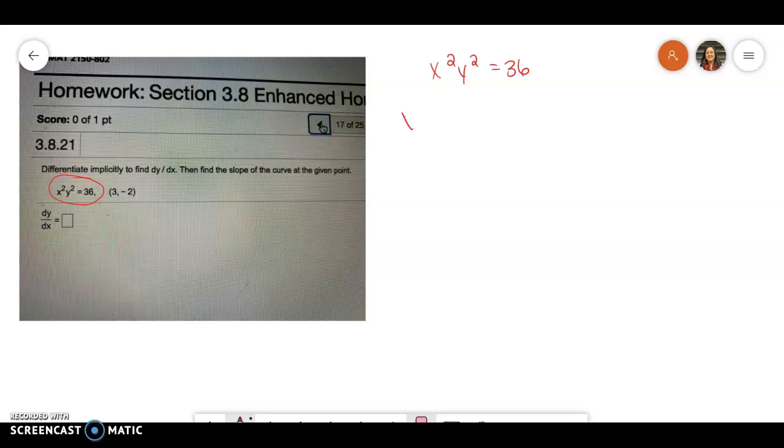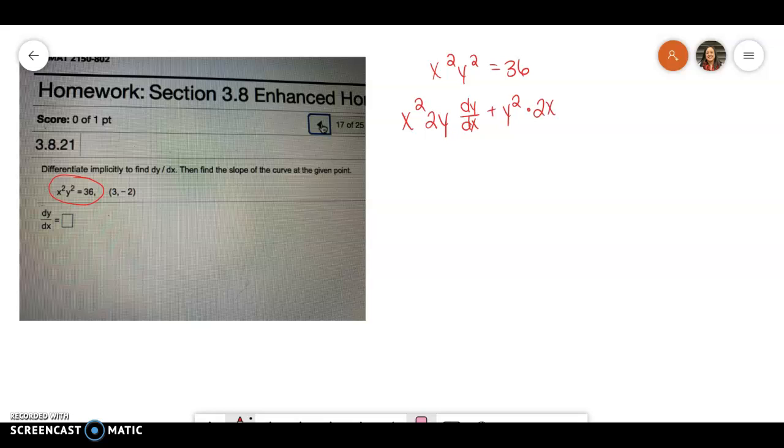So it's our first times the derivative of the second, which is going to be times the 2y. And because I took the derivative of the y, I have to put beside it the derivative of y with respect to x. So it's the first one times the derivative of the second one plus the second one times the derivative of the first one.